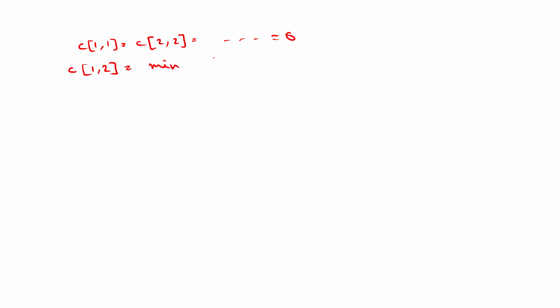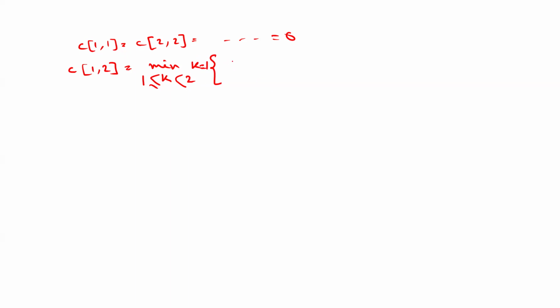According to the formula, k will be greater than or equal to 1, that is i, and less than j, that is 2. So here only one value of k is there, that is k equals 1.